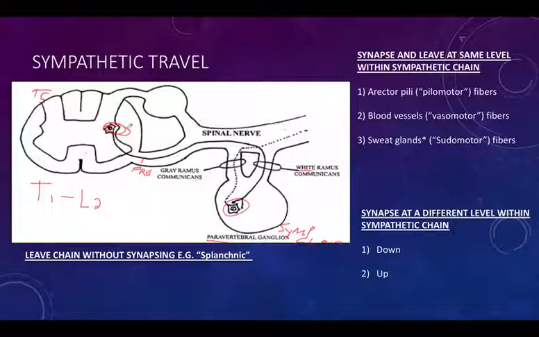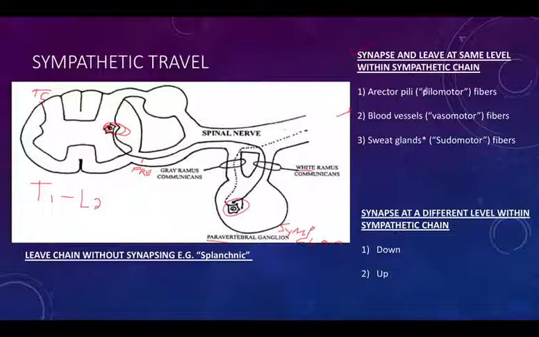All right, so the simplest example to start with, the first option, is that there can be a synapse at the same level. So that's this first option right here: synapse and leave at the same level within the sympathetic chain. This would be T5, there'd be the synapse right beside T5 in the sympathetic chain, and then the postganglionic neuron would leave, and for example can do one of these three things.